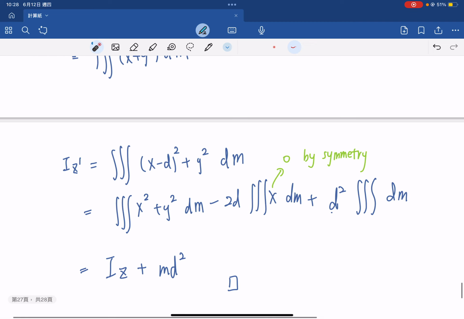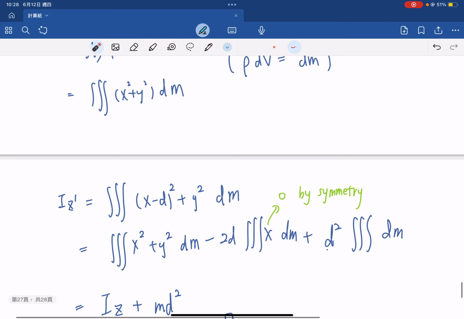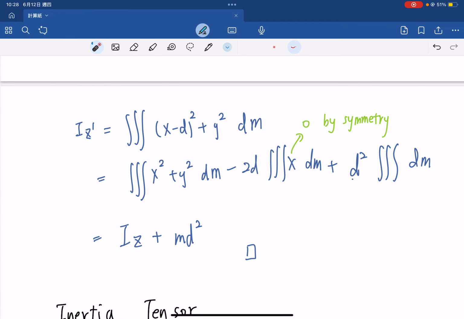And by symmetry, 2d times the triple integral of x dm is equal to 0. And then we get our result: the moment of inertia about the z prime axis is equal to the moment of inertia about the z axis plus the mass times the distance squared.